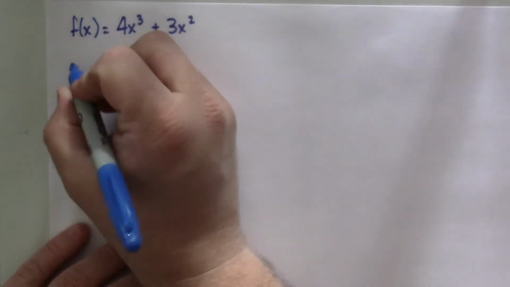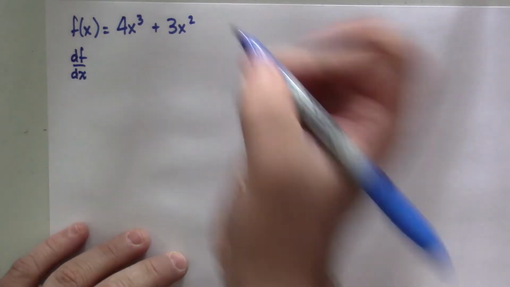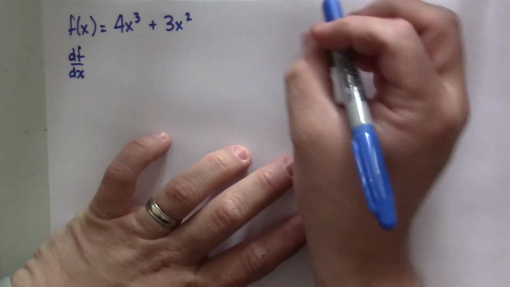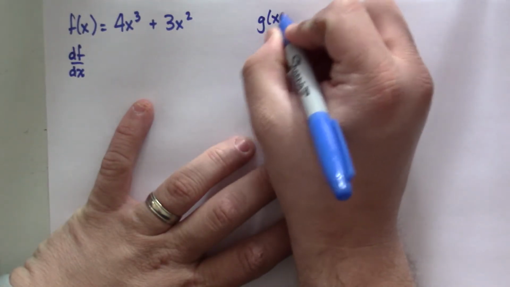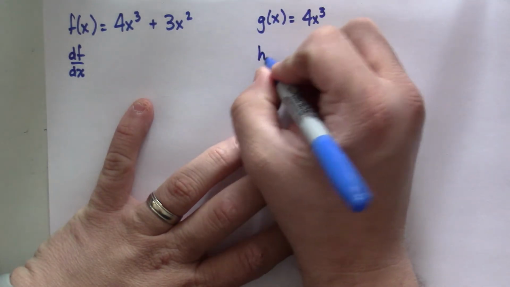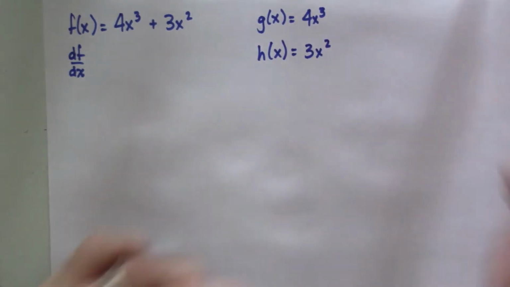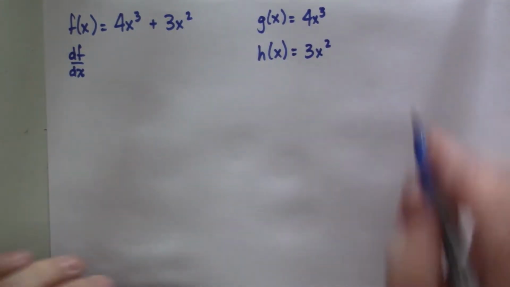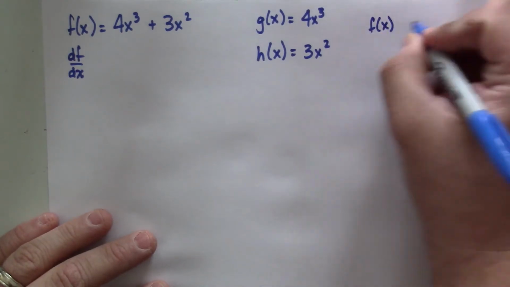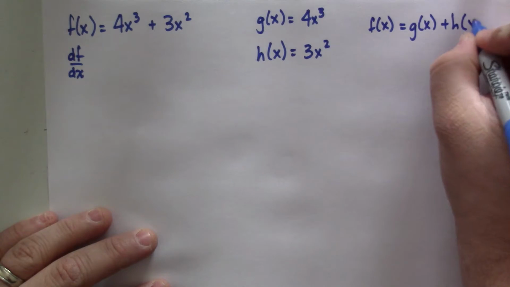I want to evaluate df/dx. Now I'm going to cheat. I'm going to say g of x equals 4x cubed, and h of x is 3x squared. Notice here that f of x is g of x plus h of x.